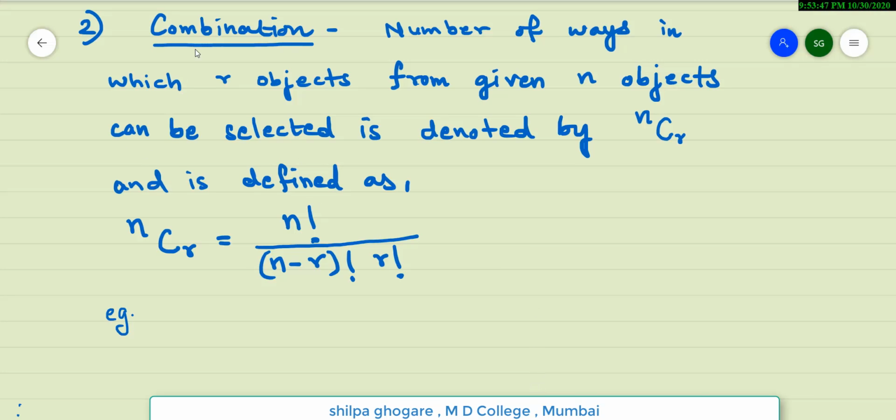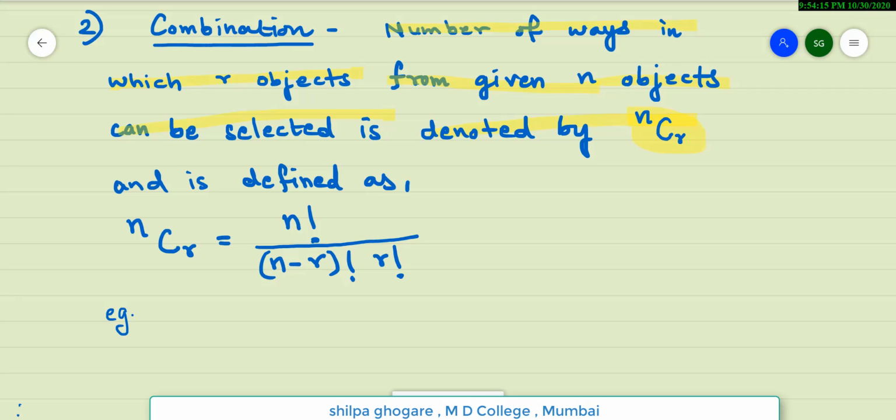The second concept is of combination. Now combination is defined as the number of ways in which r objects from given n objects can be selected. It is denoted by nCr. So C is capital.